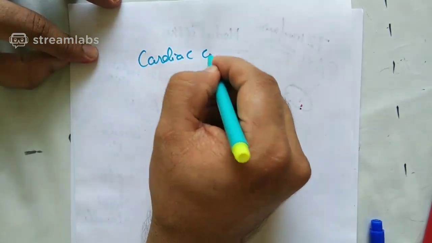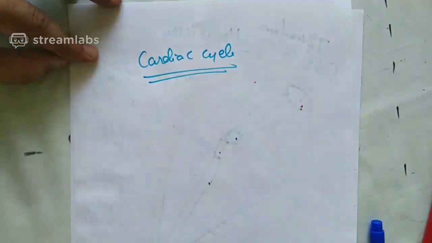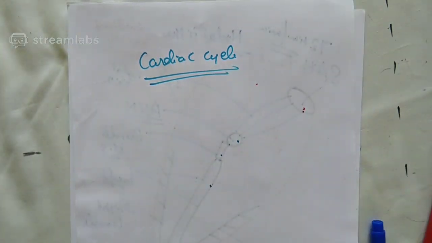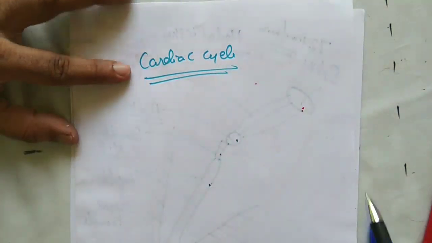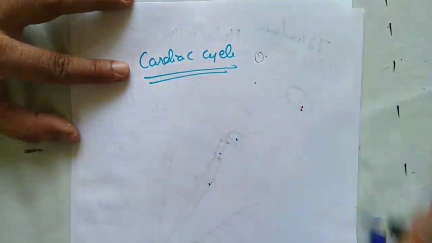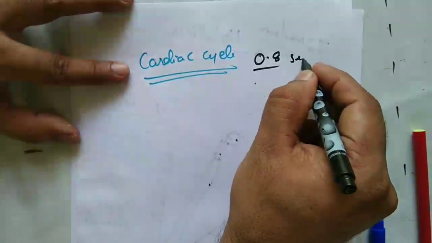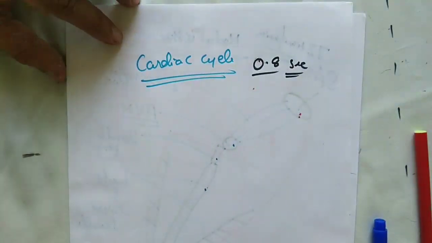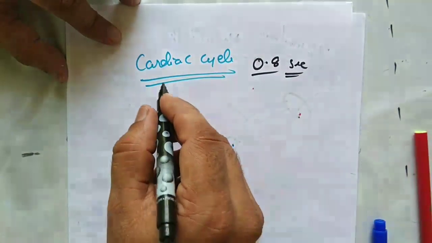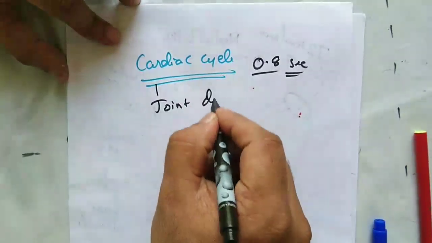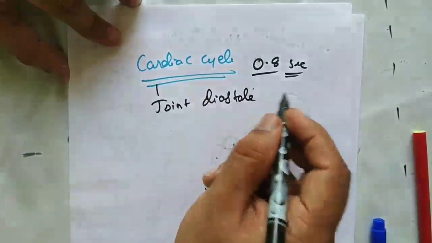The cardiac cycle works for 0.8 seconds. I'll write here, 0.8 seconds, the cardiac cycle. And the cardiac cycle has the following phases. One is called joint diastole. Agree?